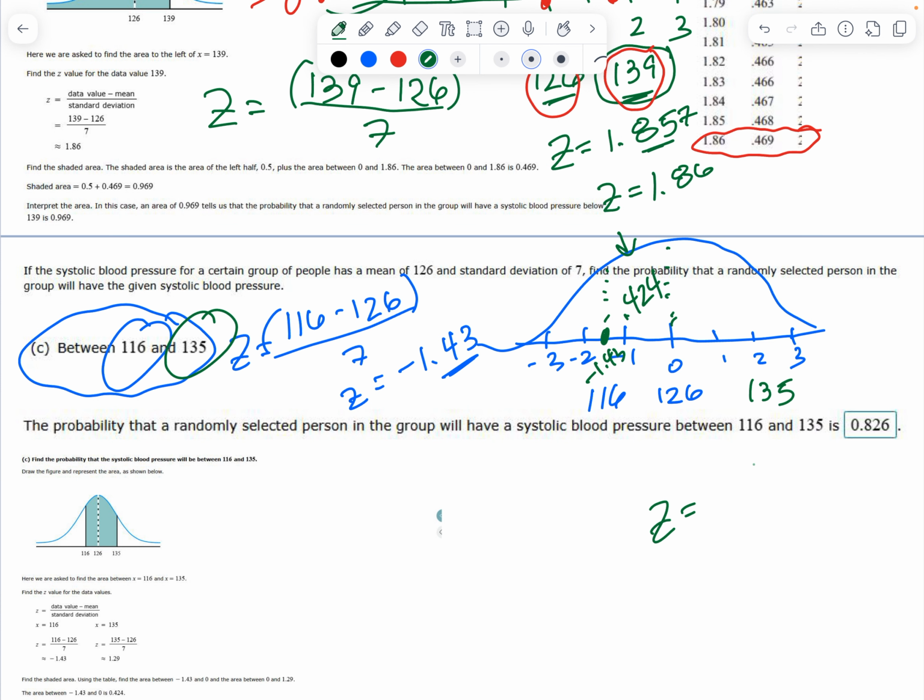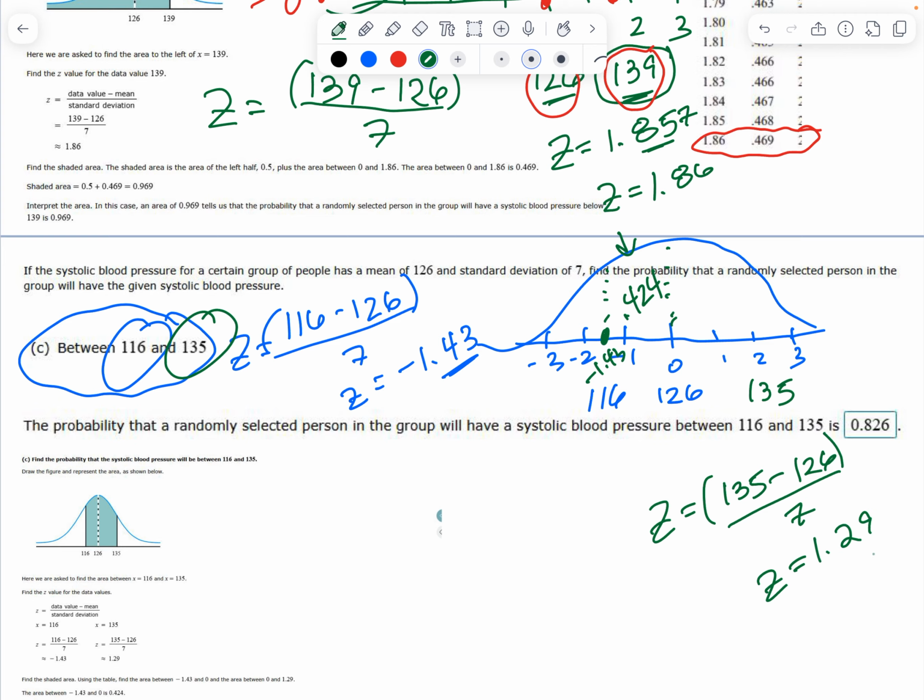We have a blood pressure of 135 minus 126 divided by 7. Again, be careful on your calculator. Do this calculation first, hit enter, and then do the second calculation, the division. So 135 minus 126 is 9, divided by 7. I'm getting a z-score of 1.29.